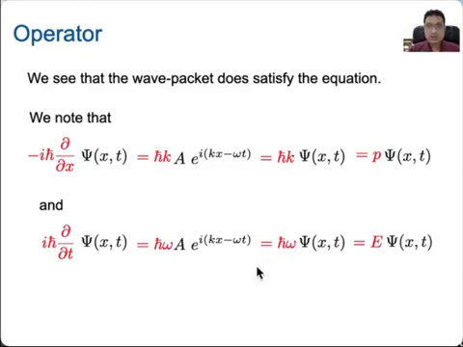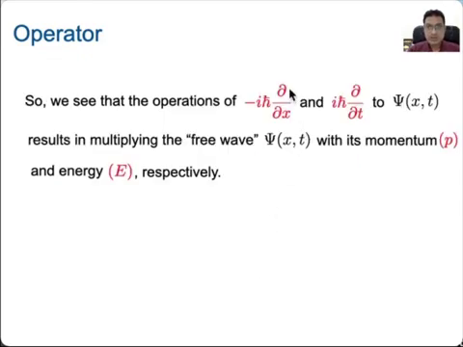And what is this new terminology? What we have seen is that when this quantity and this quantity act on ψ of x,t, representing a free wave, it gives you the momentum corresponding to this one and the energy corresponding to this one.